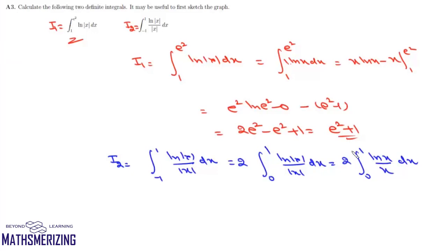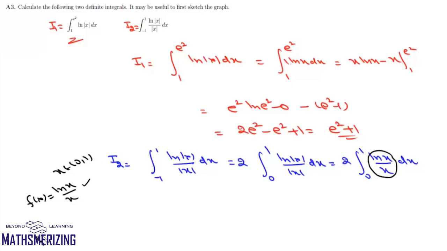Now it says it may be useful to first sketch the graph. So what we'll do is we'll try and draw the graph of f(x) equals ln x upon x when x lies between 0 and 1. Now we know that in between 0 and 1, this function will be continuous and differentiable.